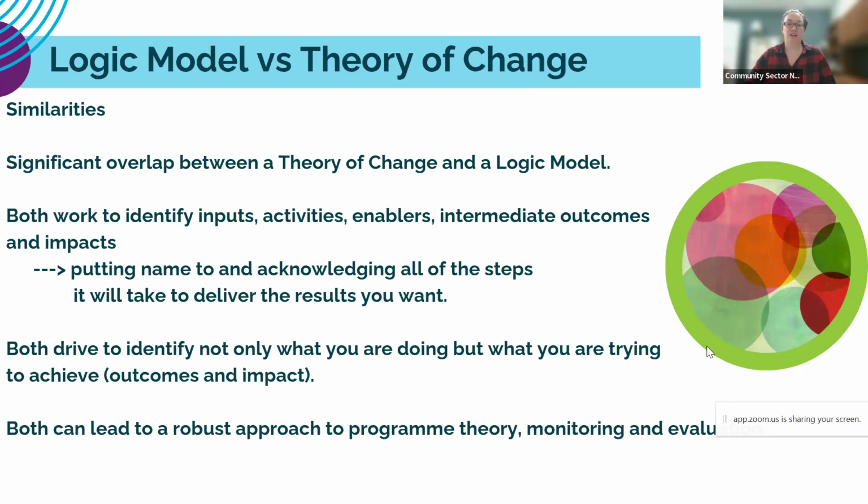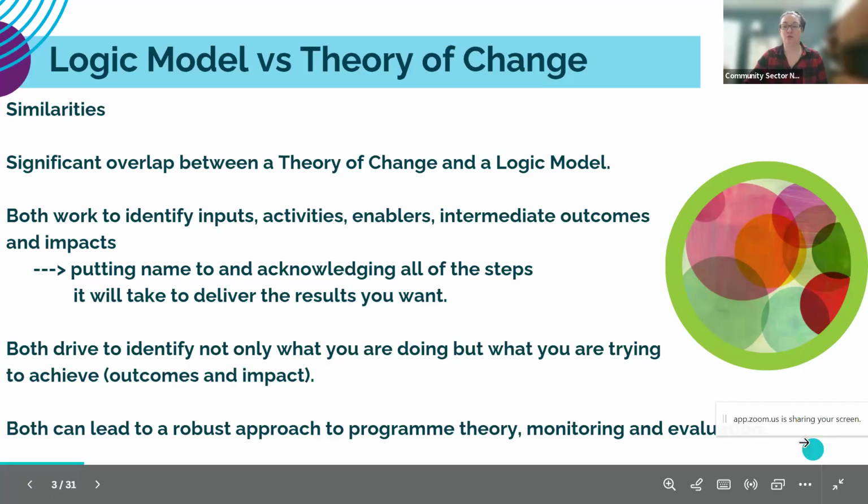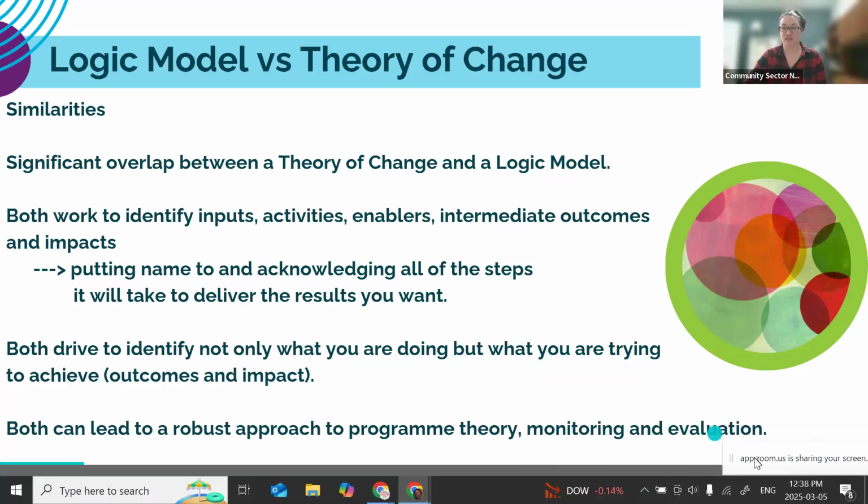But developing these types of frameworks really helps to put names to and acknowledge all the steps that you need in order to deliver that long-term change. So they both drive to identify not just what you're doing, but why you're trying to do it and what you're trying to achieve. And this can lead to a more robust approach to how you decide to monitor and evaluate and program your activities along the way.